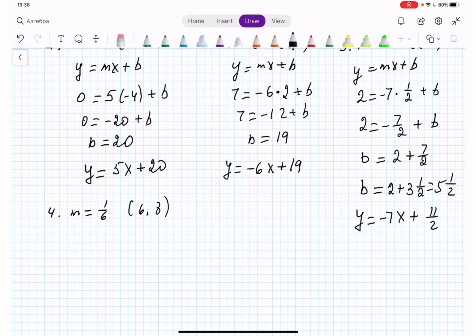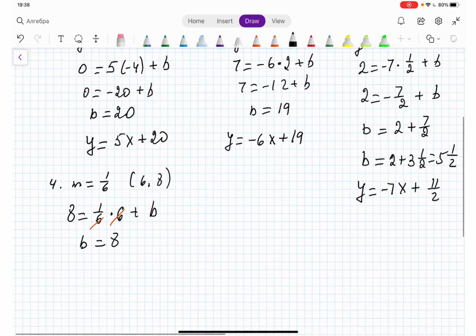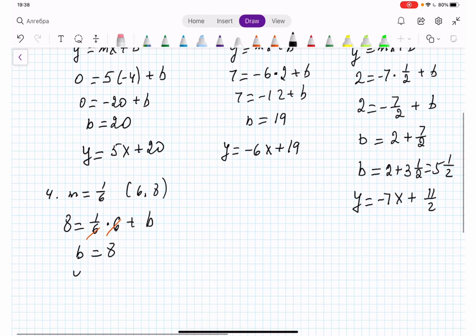Okay, so y is equal to 1/6. Oh, we plug it in. y is 8, 1/6 times 6, and plus b. Okay, this 6 and 6 will cancel, and my b is equal to 8. So from here we have y is equal to 1/6 of x plus 8.